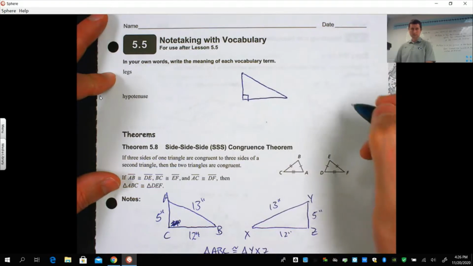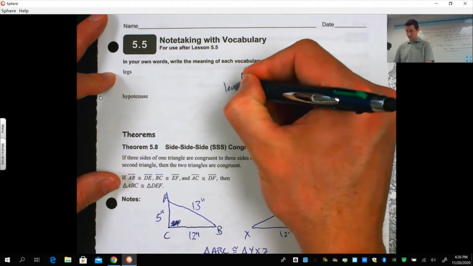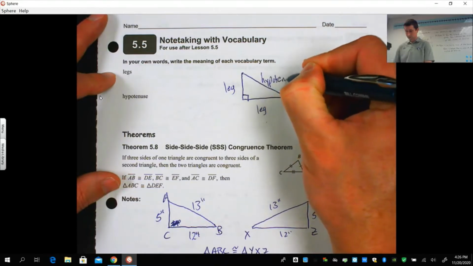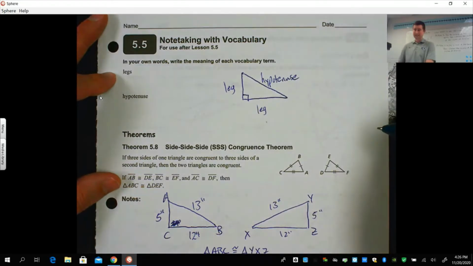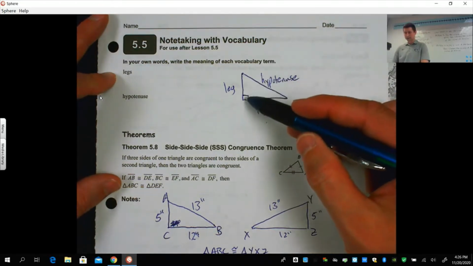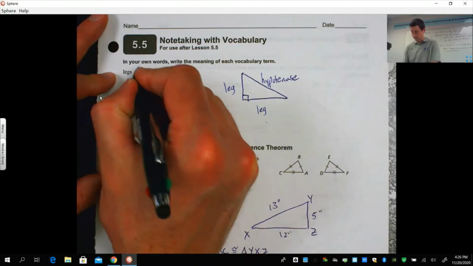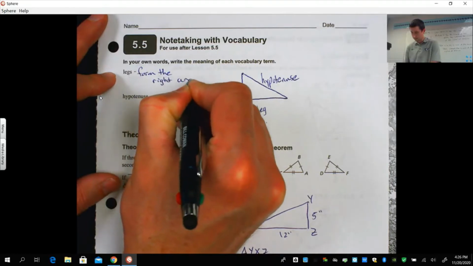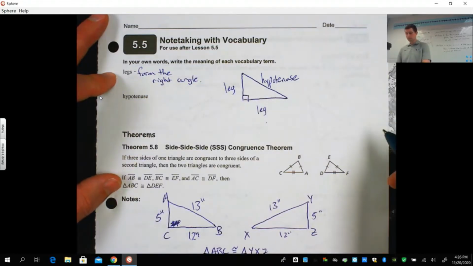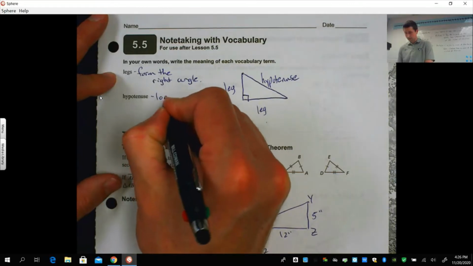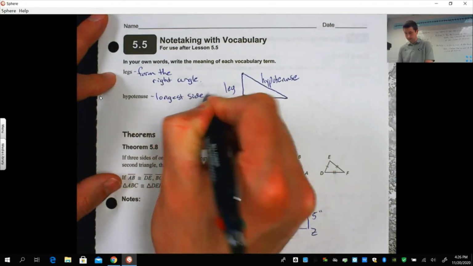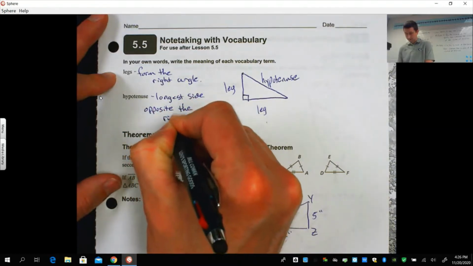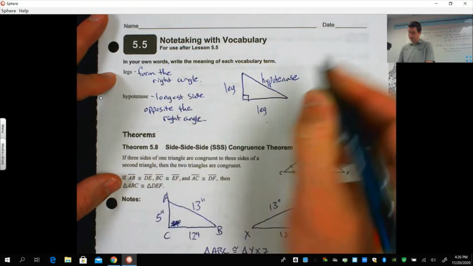When you have a right triangle, here's my right angle. The legs form the right angle, and the hypotenuse, always a fun word, is the longest side, the side opposite the 90-degree angle.